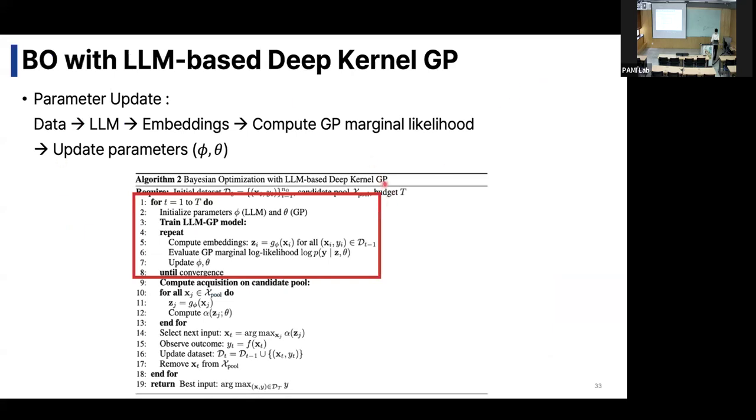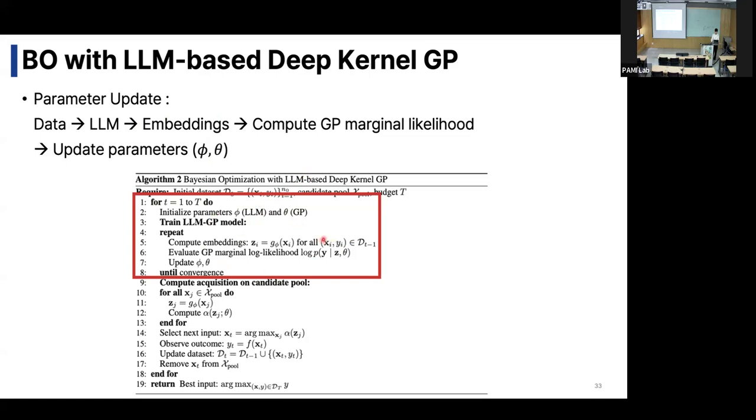So, Bayesian optimization using an LLM-based deep kernel Gaussian process can be summarized with the following pseudocode. First, the input data is passed through the LLM, and using these embeddings, we compute the Gaussian process marginal likelihood, and then update both sets of parameters, theta and phi.